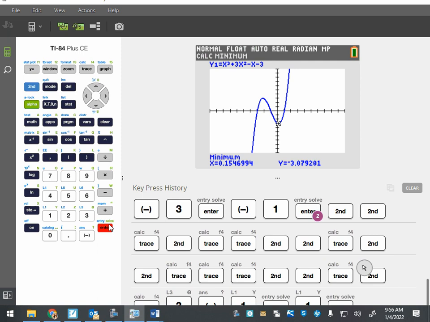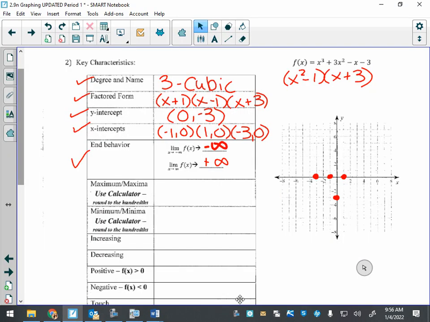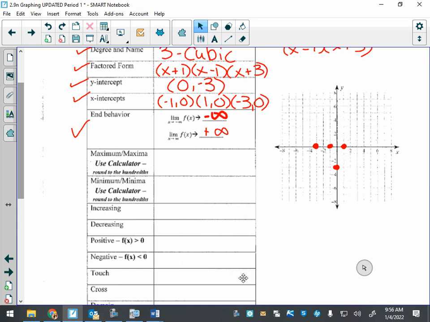Did you guys get the same thing? Those of you that did it? -3.08. Okay, so I'm going to jot those down. My maximum.